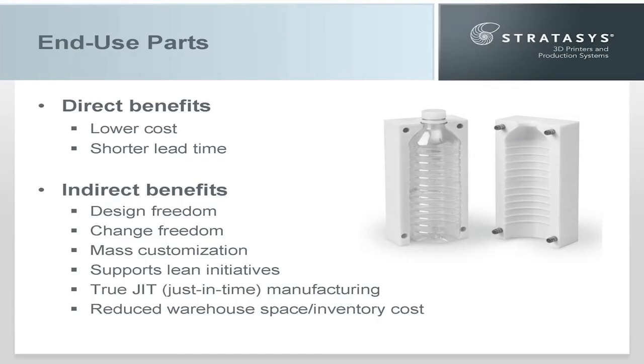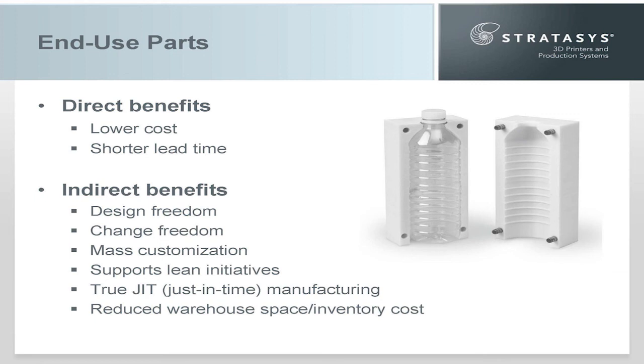Direct benefits of end-use parts. They're lowering costs. Why are they lowering costs? Because there is no tooling. Shorter lead times. Why? Again, no tooling. Indirect, they get the design freedom. These bezels were constantly changing.